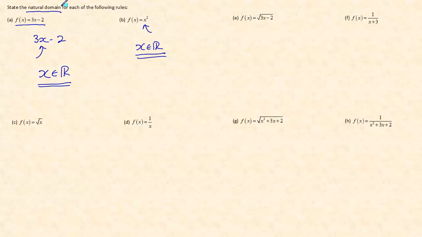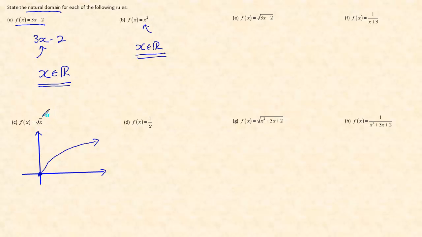Now we've met root x before. We should know what the graph of this looks like. It starts here at the origin and then has this type of shape, and it goes off to infinity along this way, but remember it starts just here. Now why does it start there?